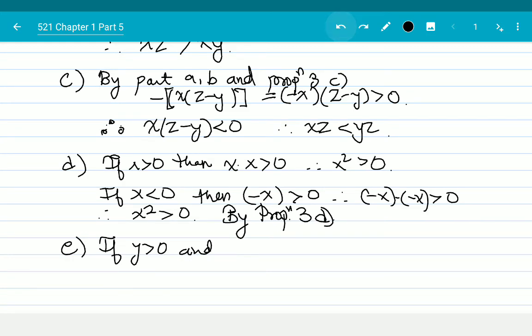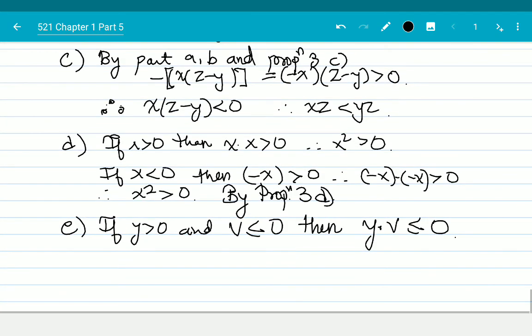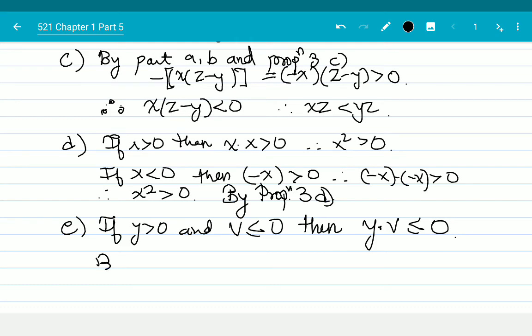If y is greater than 0, and let's suppose v is smaller than or equal to 0, then y times v is smaller than or equal to 0, right? Because v is negative, so it's going to reverse the order.